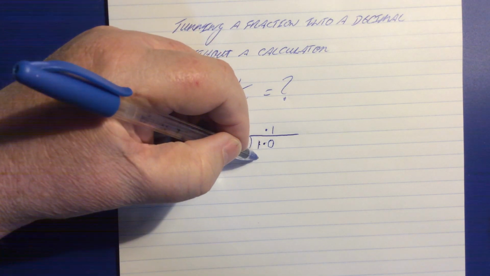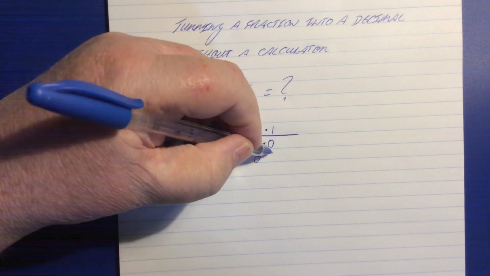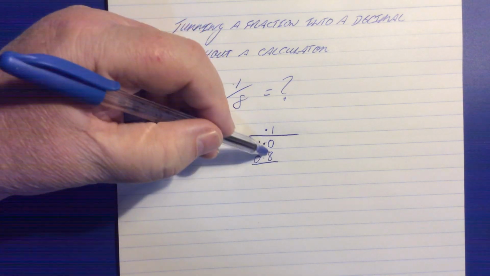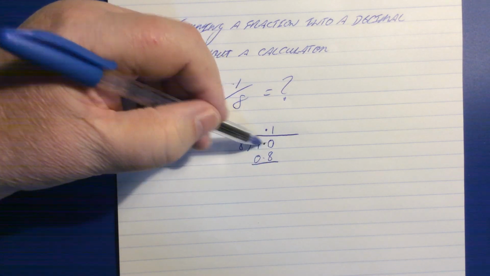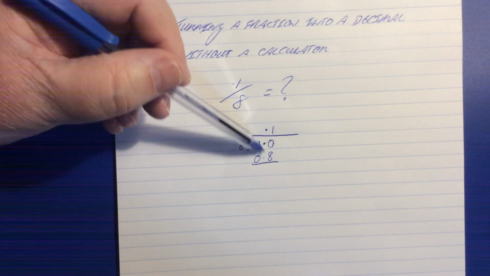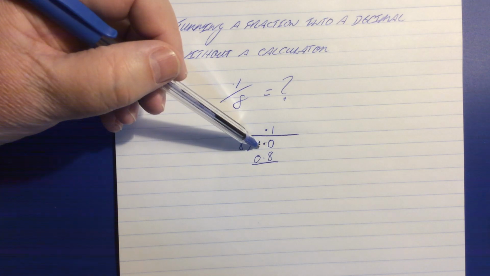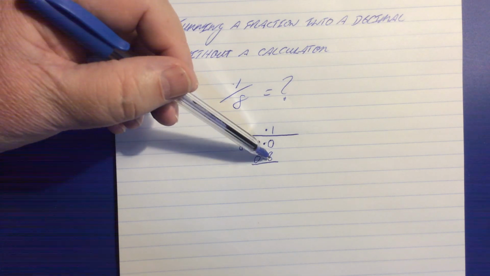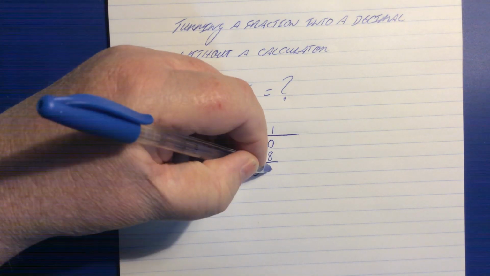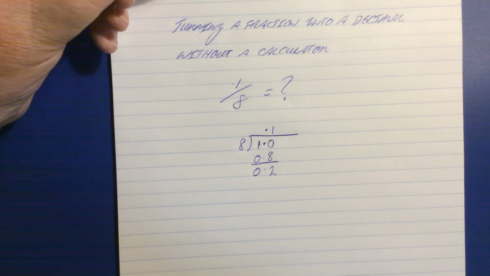And what that gives us is 0.8. And we subtract that from 1. So when you're looking at this, if you ignore the decimal point, it's just like subtracting 8 from 10. And that's what we get.